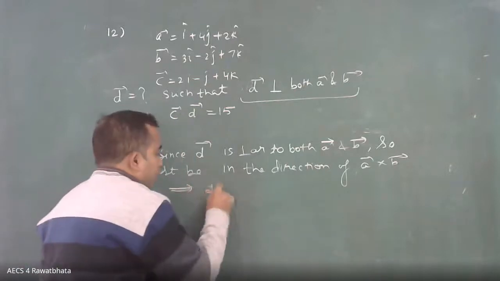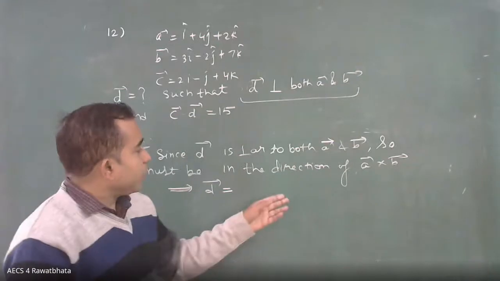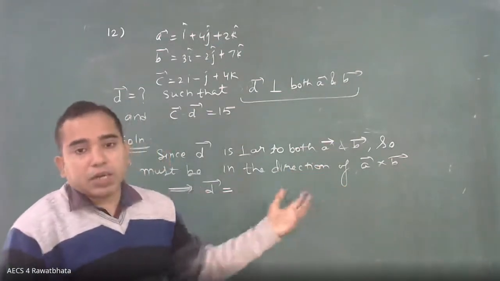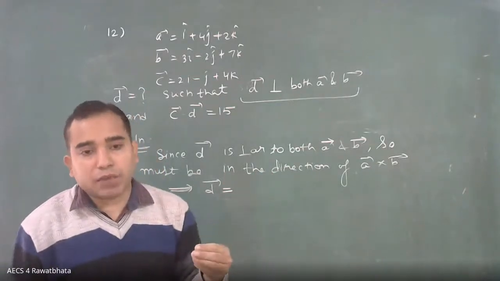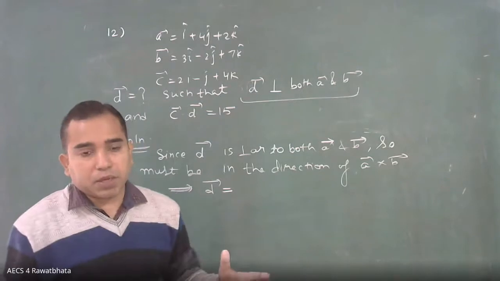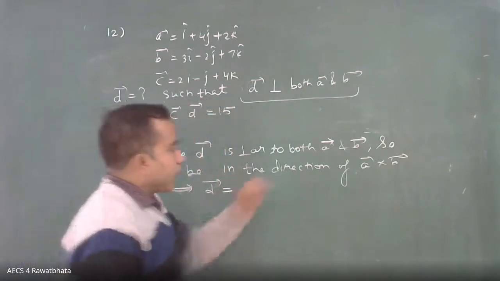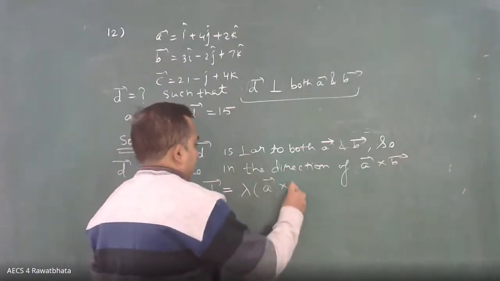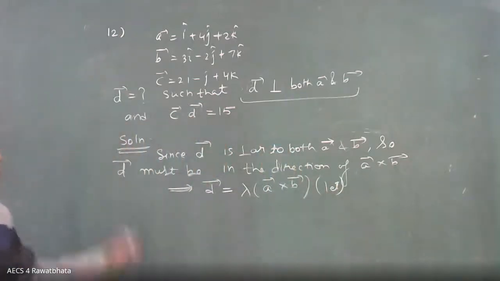It may not be exactly equal to A cross B, but in the direction of A cross B. Whenever two vectors are in the same direction, they differ by a constant. Meaning A equals lambda B if A and B are parallel. So because D is in the direction of A cross B, D can be taken as lambda A cross B.